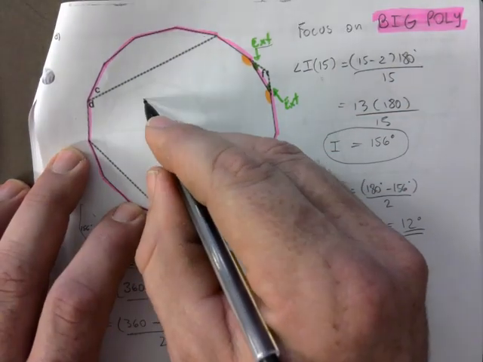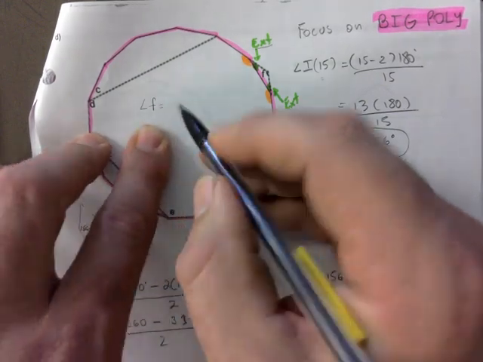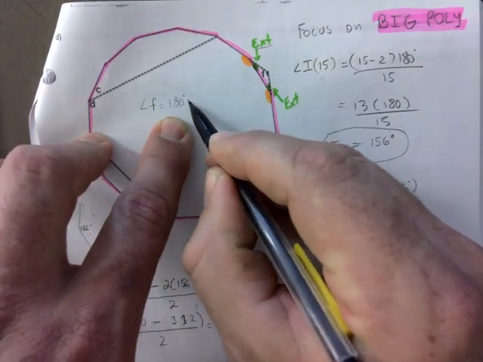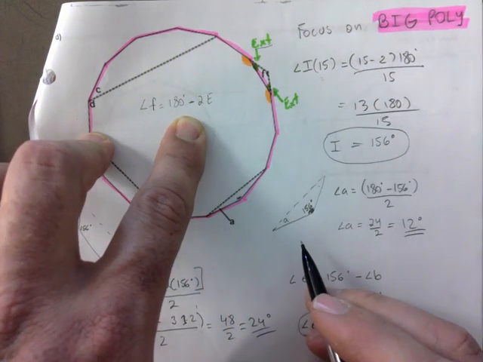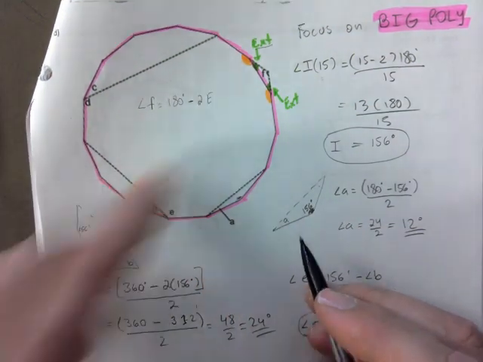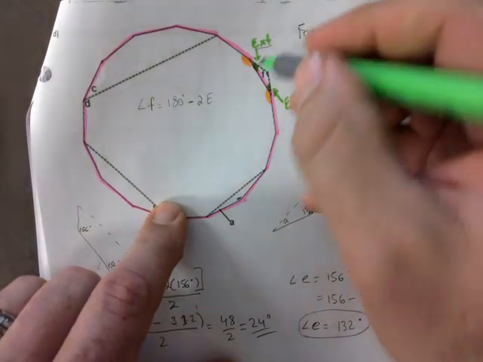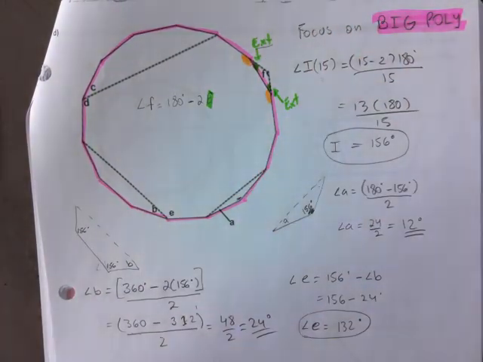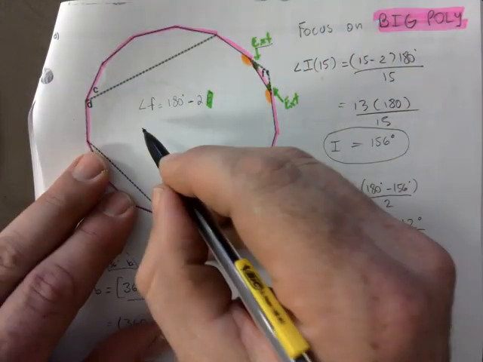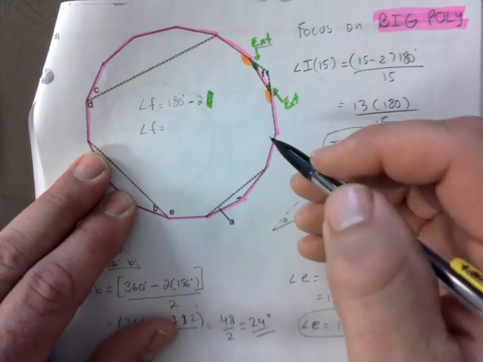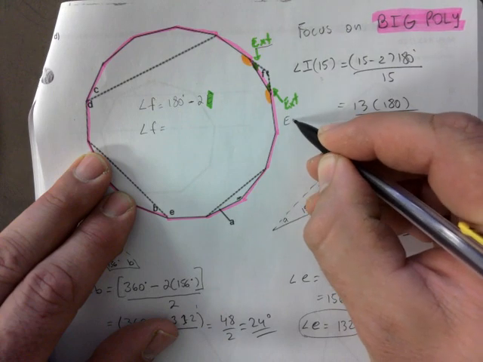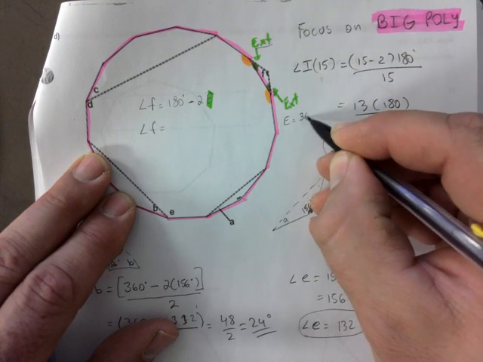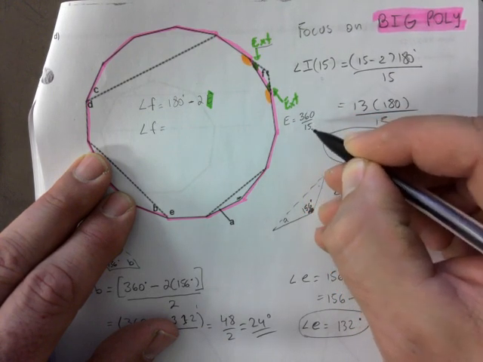Okay. So where should I do F? I'm going to do F right here. It is 180 minus 2 exterior angles, and by that I mean the ones I just labeled. And so angle F is, what is an exterior angle in this case? E is 360 divided by 15. Right?